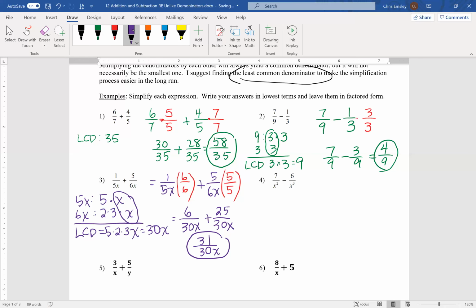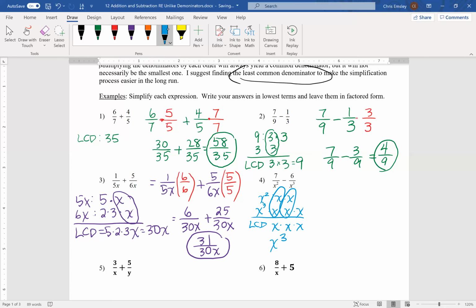Number 4, our denominators are x squared, which is x times x, and x cubed, which is x times x times x. So for our LCD, we need to include an x for that pair, another x for that pair, and then we have to bring down that final x. So our LCD is going to be x cubed.